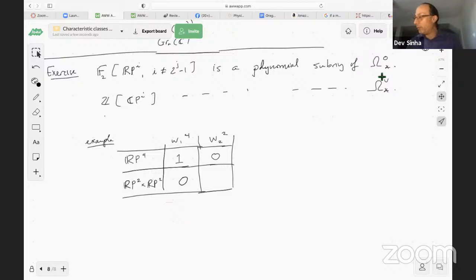Otherwise, I also do have a W2, I'm thinking of the Whitney sum formula. Oh, right. Well, the X1 plus X2 squared is 0, but again, let's call it an example exercise to check me. I think these are correct.